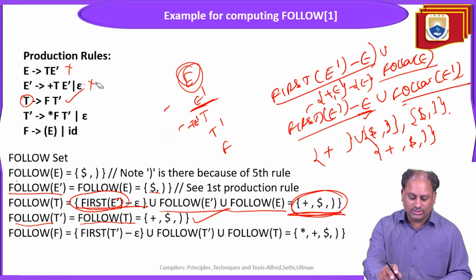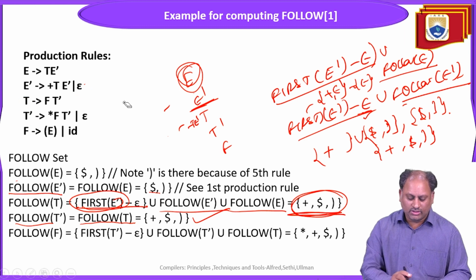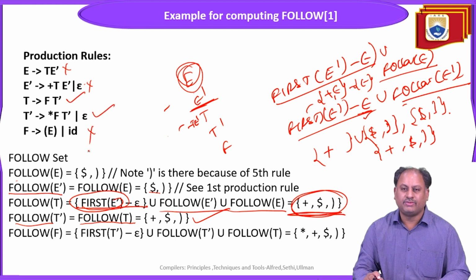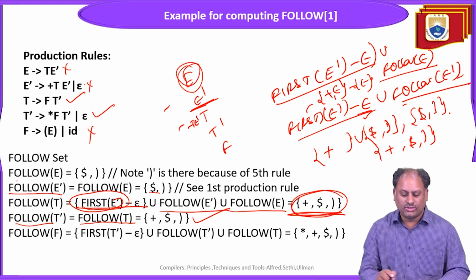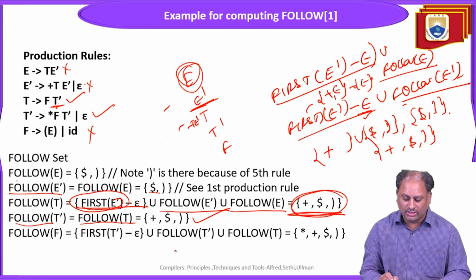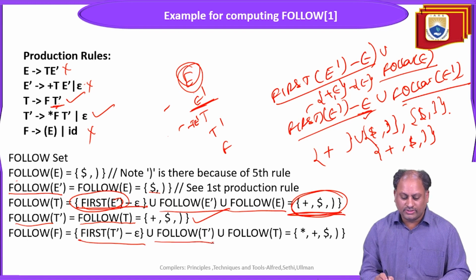And the next one is follow of F, where the variable F appears. Here no F, here also no, but here F appears. So out of these three cases, we get two. What is the follow of F here? First of T dash minus epsilon, and then follow of T dash.